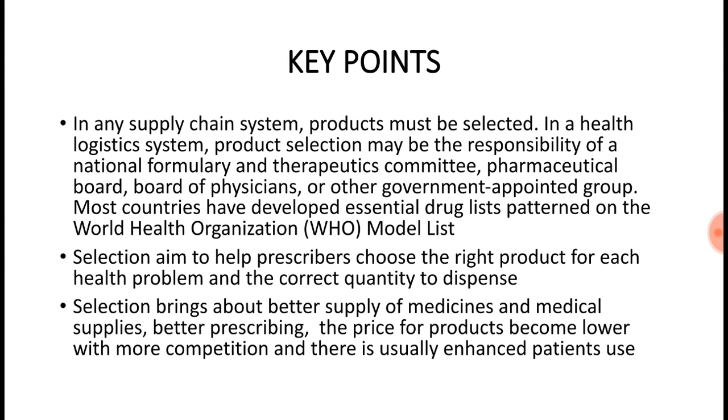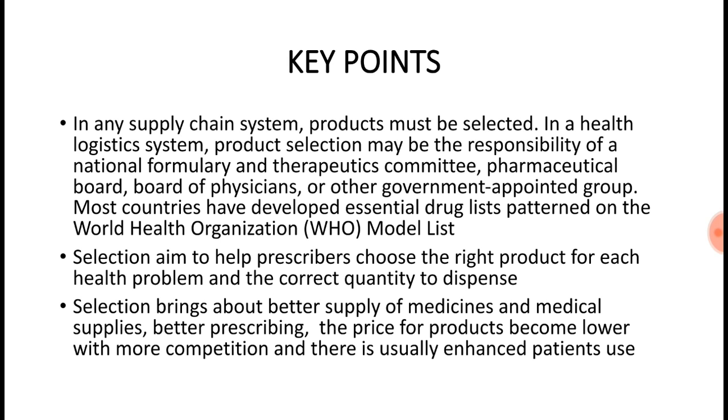Other government appointed group, most countries have developed the essential drug list patterned on the WHO. Selection aims to help prescribers choose the right product for each health problem and the correct quantity to dispense. So selection is there to help prescribers give the right medicine according to a given health problem and in the right amount.